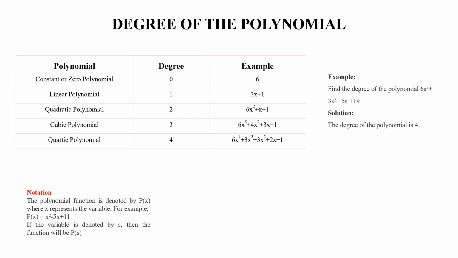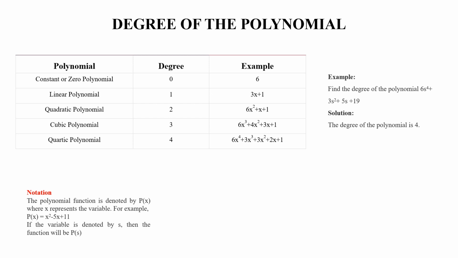Suppose the variable is denoted as s, then you have to use the function of s. The polynomial function of s we can say is s square minus 5s plus 11. So here the variable is s.